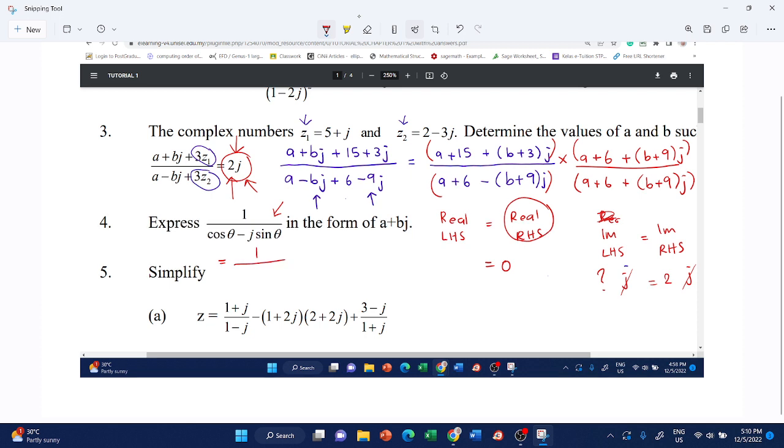Where's the conjugate? Cos theta plus j sine theta. Okay, here.